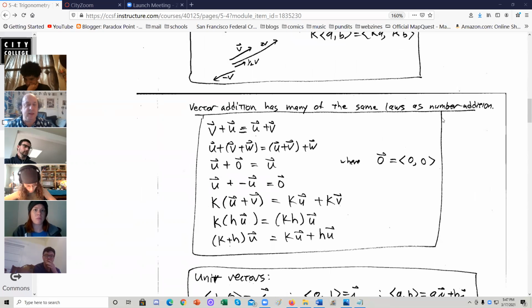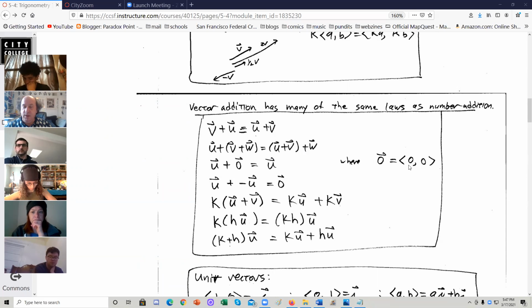So now, since the vector addition in each of its components is just a plain old addition, it has many of the same rules as addition. For example, it's commutative. v plus u is u plus v. That's commutativity. It's associative. u plus the vector v plus w is the vector u plus v, that plus w.